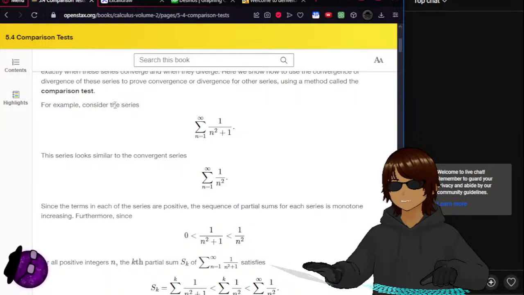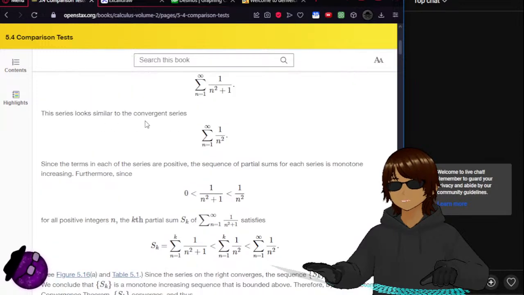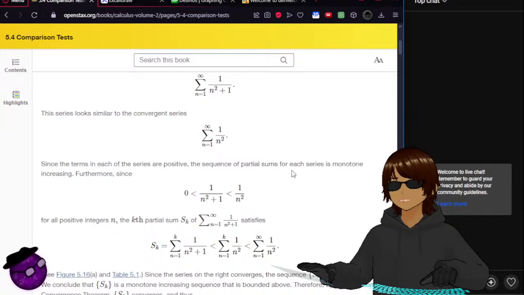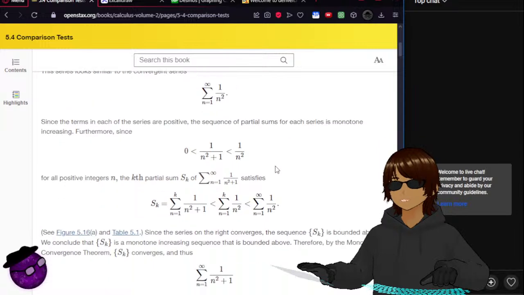For example, consider the series 1 over n squared plus 1. This series looks similar to the convergent series 1 over n squared. Since the terms in each of these series are positive, the sequence of partial sums for each series is monotone increasing.